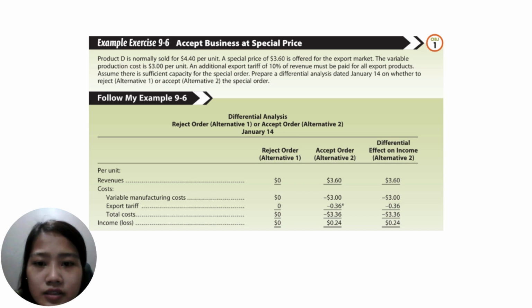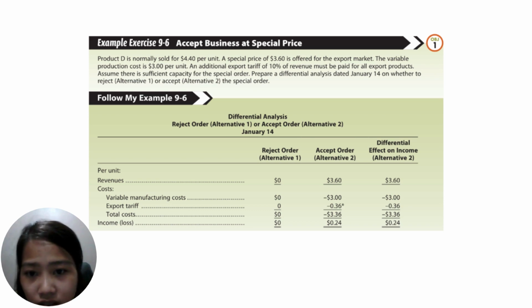So here, since we reject the order, we have no revenue. So this is for the alternative 1. And we don't have the cost for variable manufacturing costs, also the export tariff, and we don't have any income since we've rejected the order.